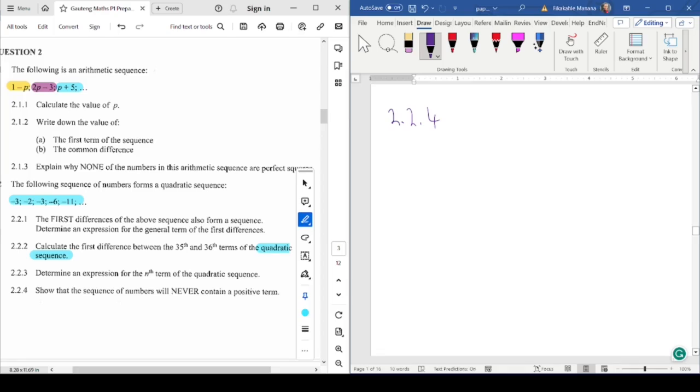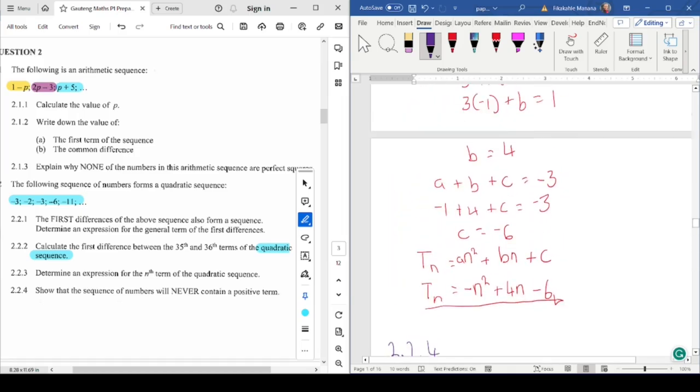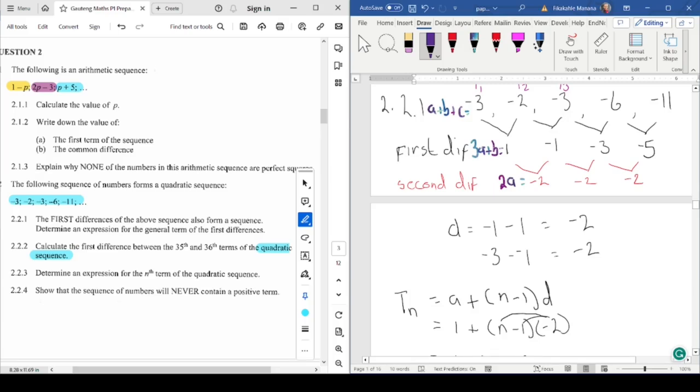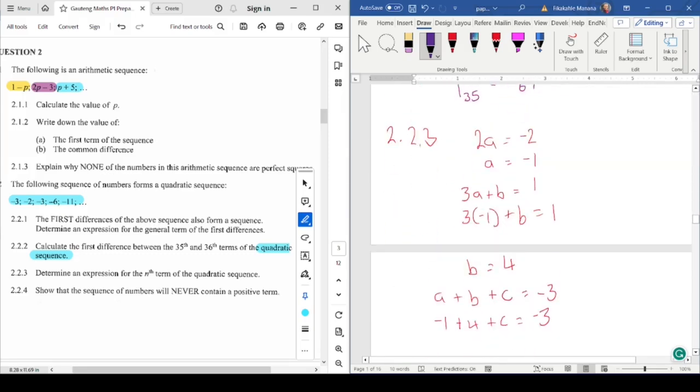And also our first difference, and if you check our difference, really it comes down to minus 2, right? Our second difference comes down to minus 2. Now whatever you do, because of this minus 2 being negative, that means the sequence will never ever be positive, ever, right?